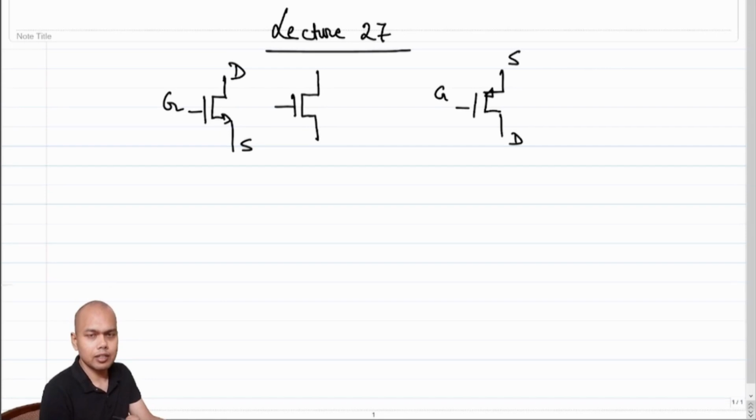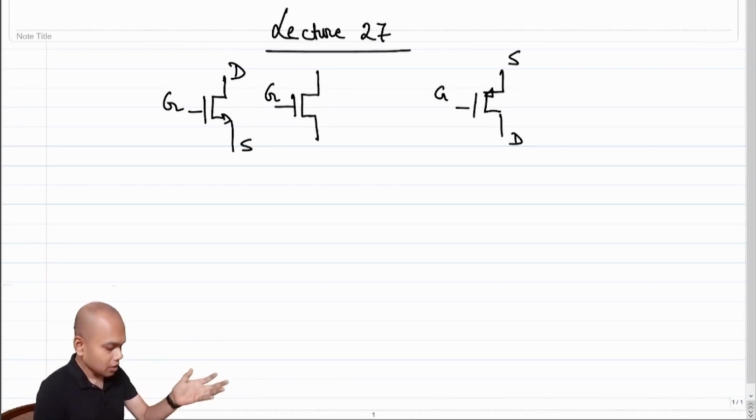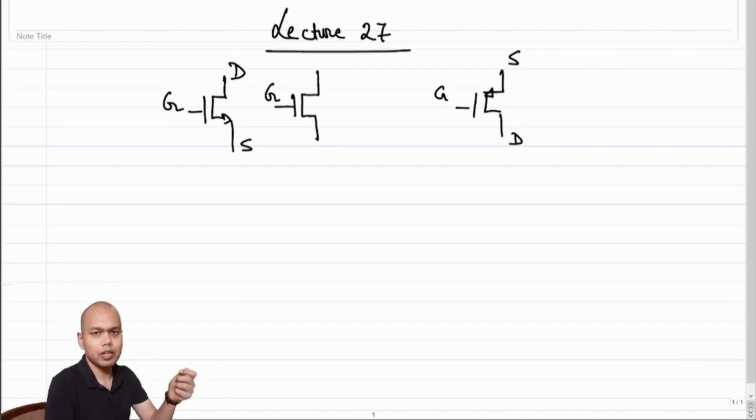This is under the understanding that we know that this is a gate, but we don't know which side is the drain or the source, right? This happens quite often if the voltages or the terminals of drain and source can flip, right? One side can be higher, other side can be lower. We really don't know which is drain and source. It completely depends on what the application is, or which side is the higher voltage or which side is the lower voltage. Hence sometimes you will see the symbols expressed without the arrow, with the understanding that as a user or as a designer we know which side will be the source or the drain.